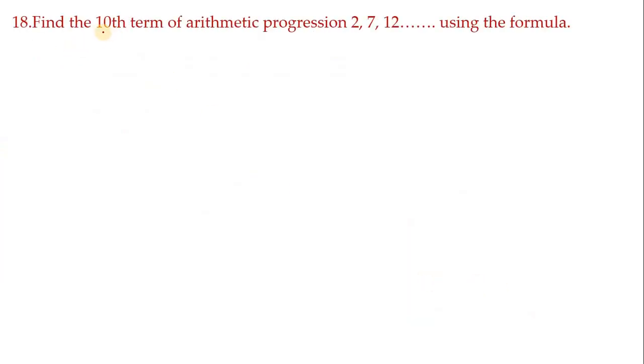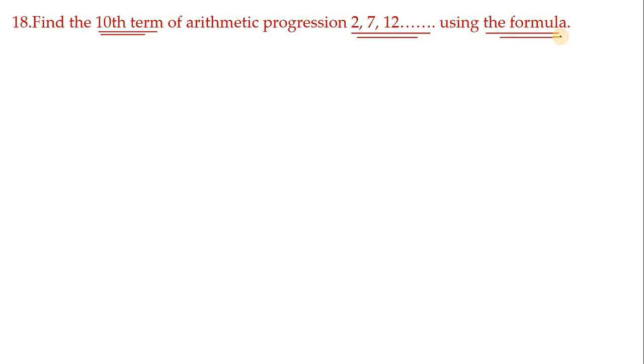18th problem. Find the 10th term of the arithmetic progression 2, 7, 12, and so on using the formula. Children, this kind of problem we may expect for this year. Here we have to find the 10th term. Progression is given.